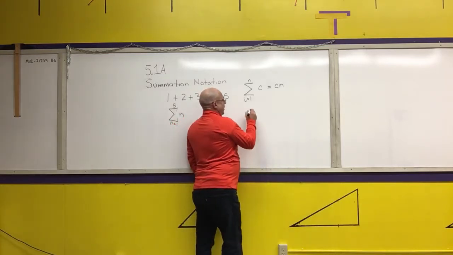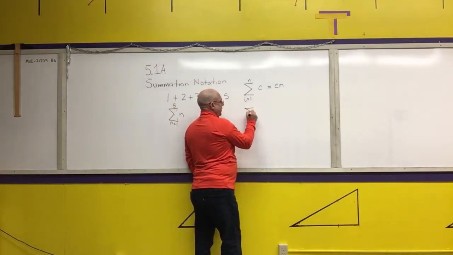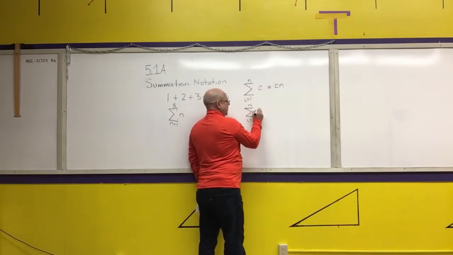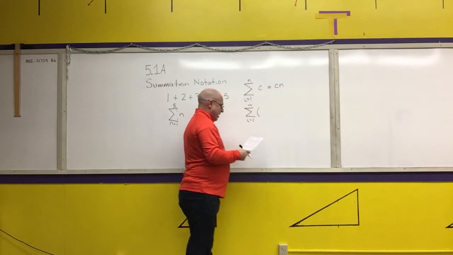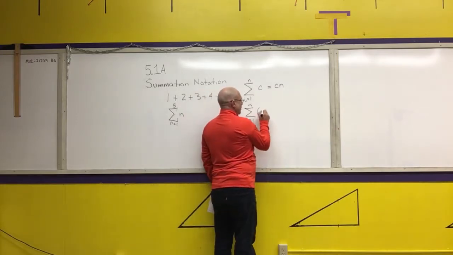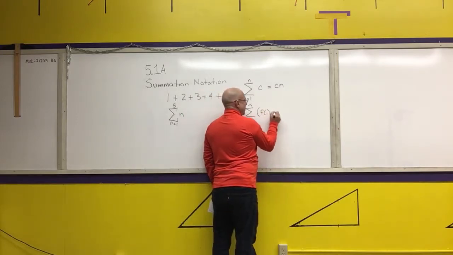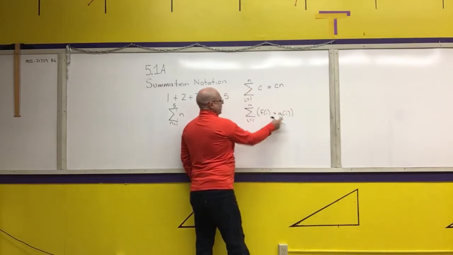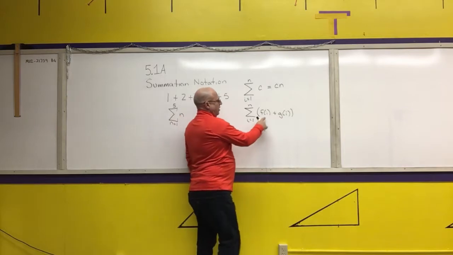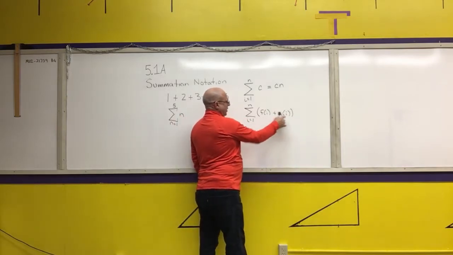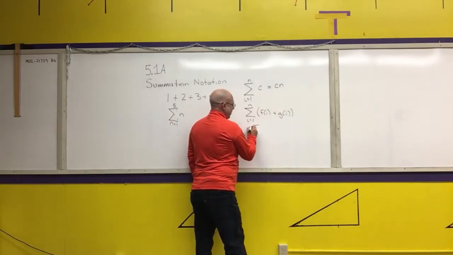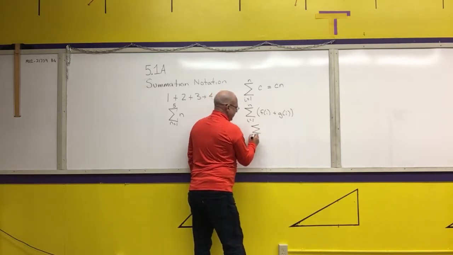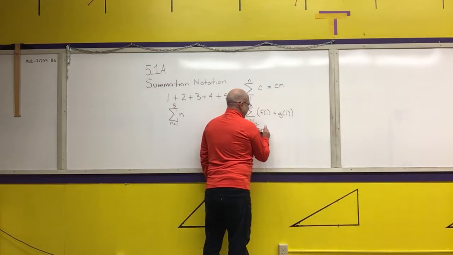Another property of summation notation: if I have two functions that have something to do with the i, I can actually break these up like we broke up our derivatives and our limits.